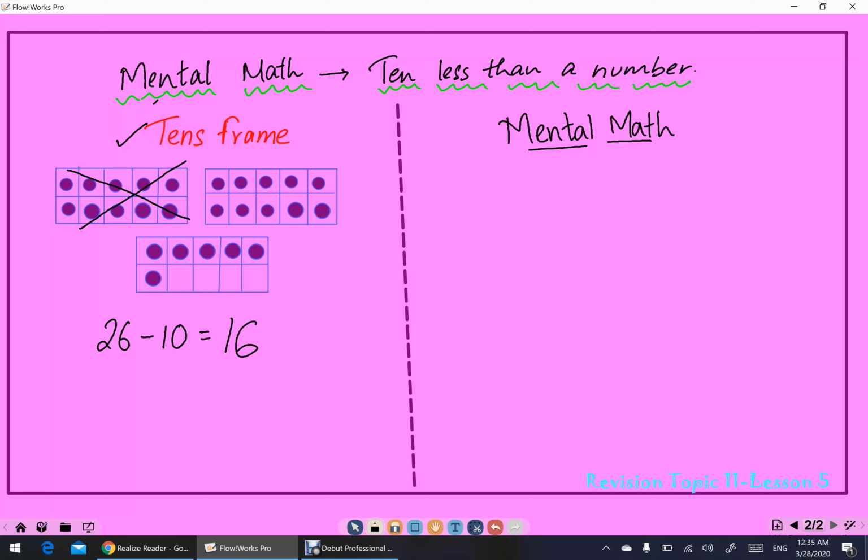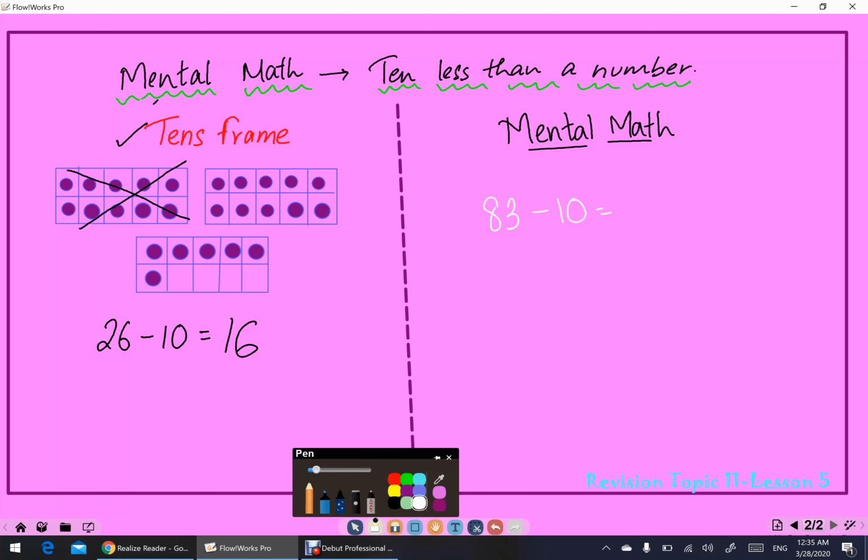Now, when we solve the equation by mental math, how will you do it? Let me give you an example. If I have 83 minus 10, so 10 less than a number, it means you have to remove 10 from 83. What did I explain to you on Thursday? That when you solve any equation mentally, you will change only the tens place.